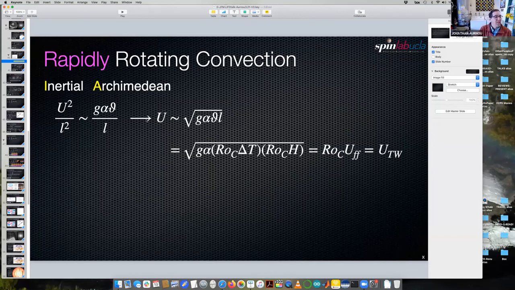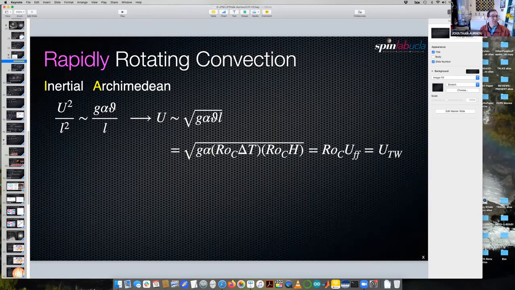And then the scaling for this is U is the square root of G alpha theta L. Well, that looks like a free fall, but again, it's coming from torques, so we should be careful. But it scales as a free fall, but with what you just said, Greg, now it's theta, and now it's falling only over a distance L. So you can see how much smaller that is.